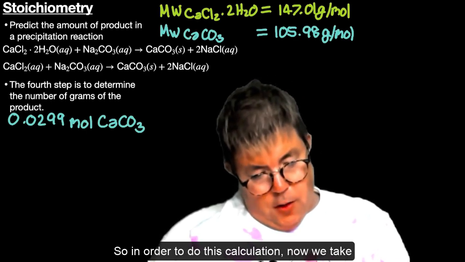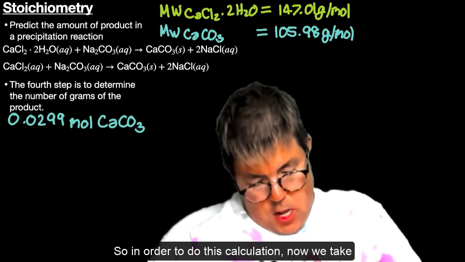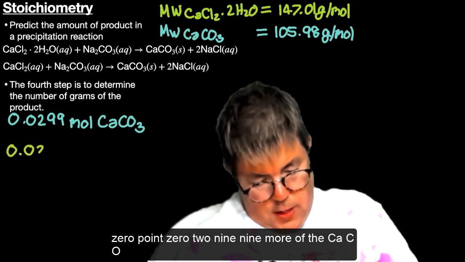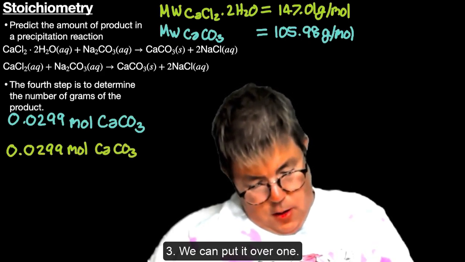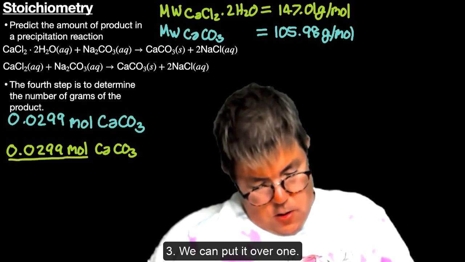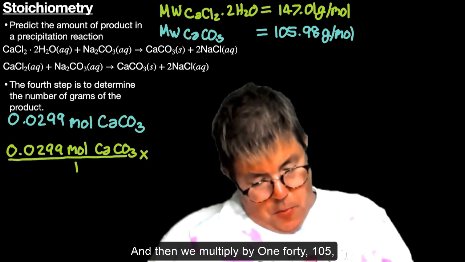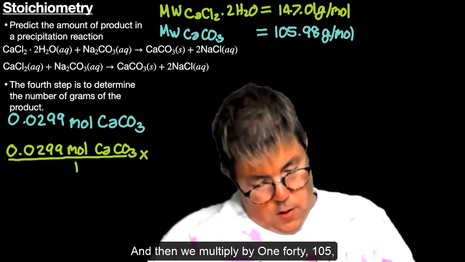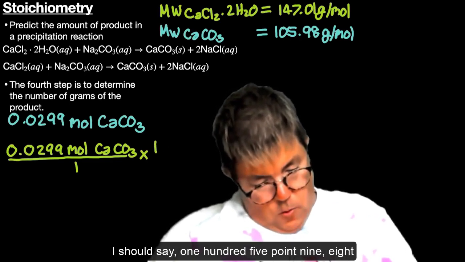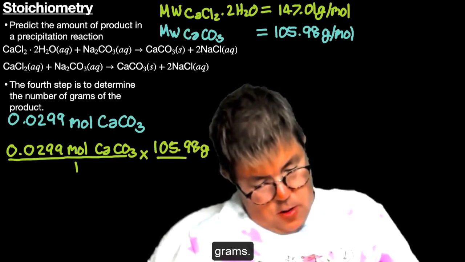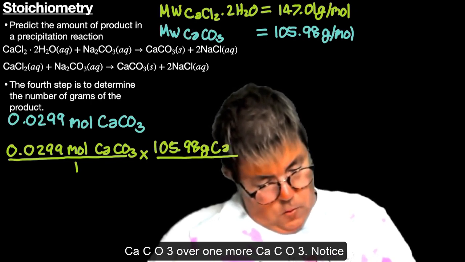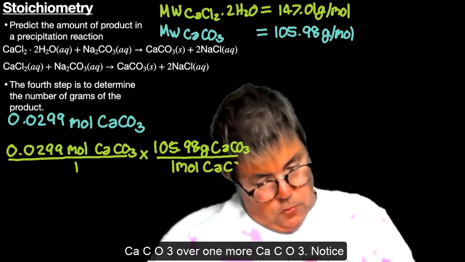So in order to do this calculation, we take 0.0299 mole of CaCO3. We can put it over 1. And then we multiply by 105.98 grams CaCO3 over 1 mole CaCO3.